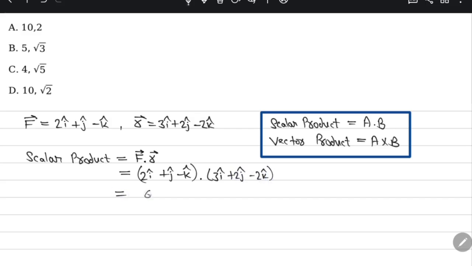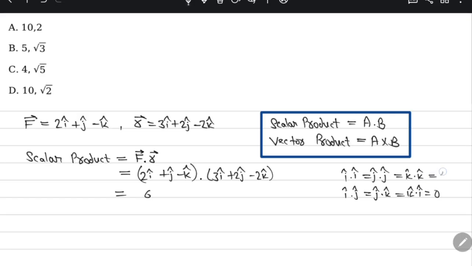So this comes out to be 3 twos are 6. And you know this concept now: I dot I, J dot J, K dot K, that is 1, and I dot J, J dot K, and K dot I, that is 0.